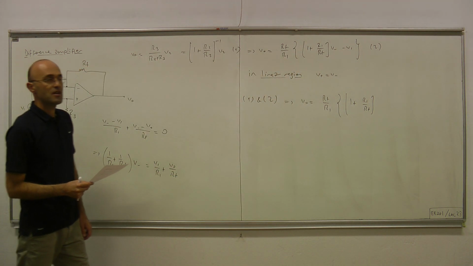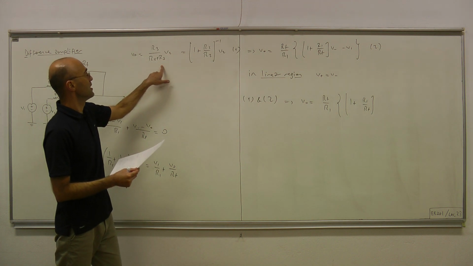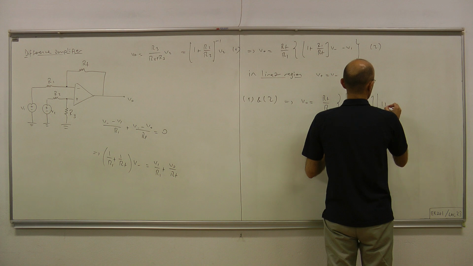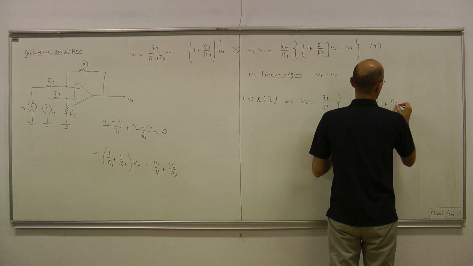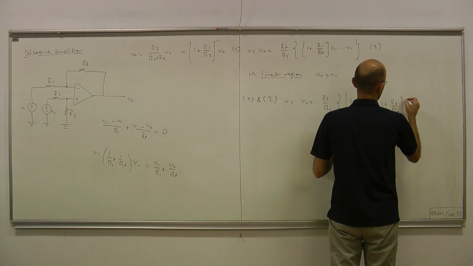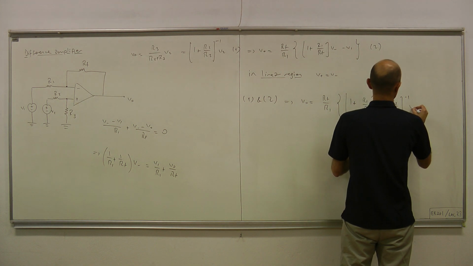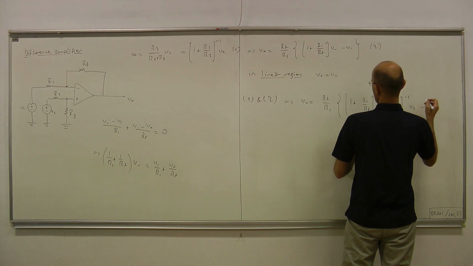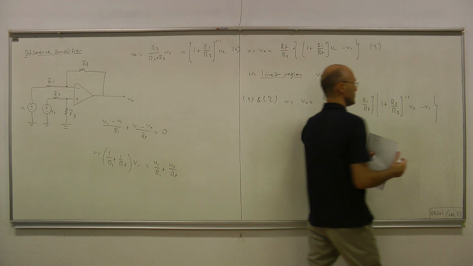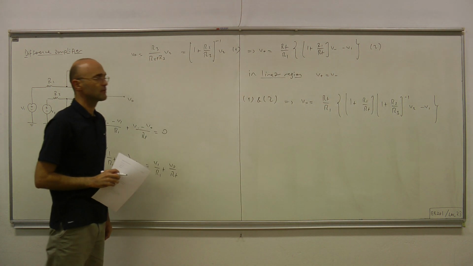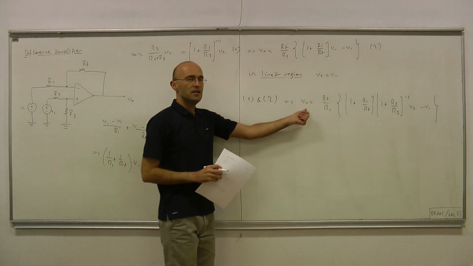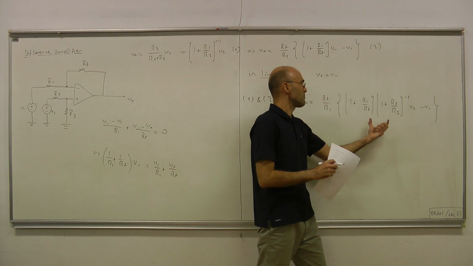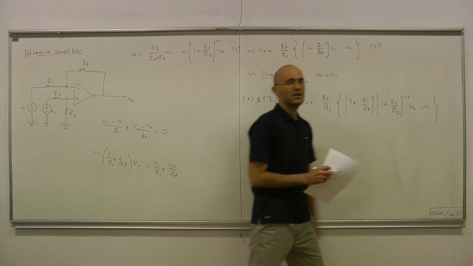And V minus is V plus, and V plus is here, 1 plus R2 over R3 inverse V2. And from that we subtract V1. So therefore, V out is something times the difference between something times V2 minus V1.